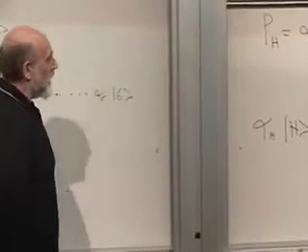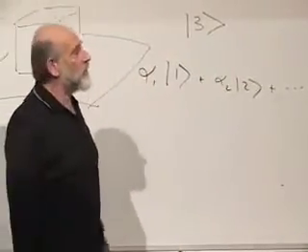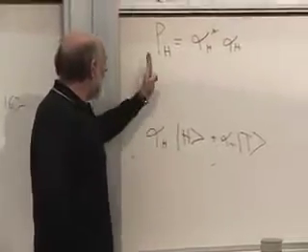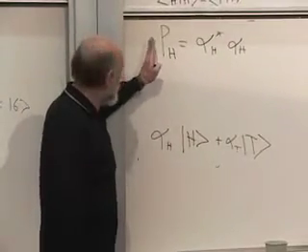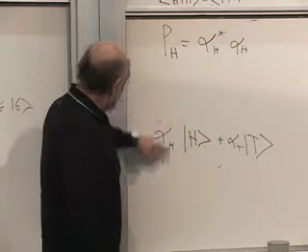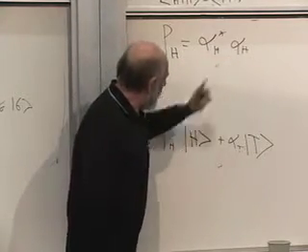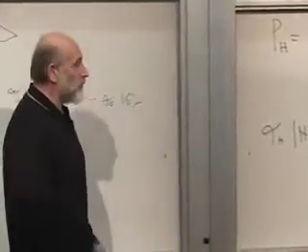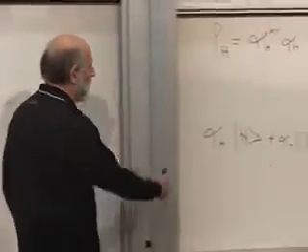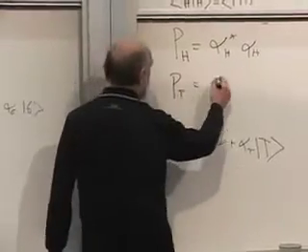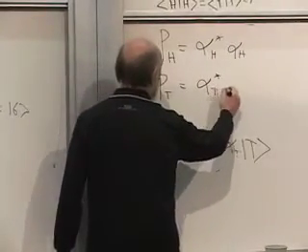That's a postulate of quantum mechanics, and of course the success of this postulate is an experimental fact, but if we take an axiomatic view of it, the probability for heads in this case would be alpha_H star alpha_H, which is a positive real number. And the probability for tails would be alpha_T star alpha_T.